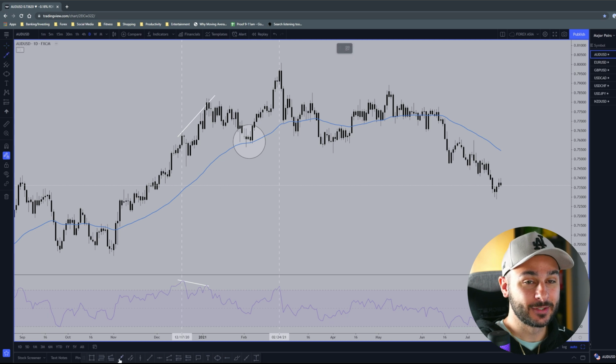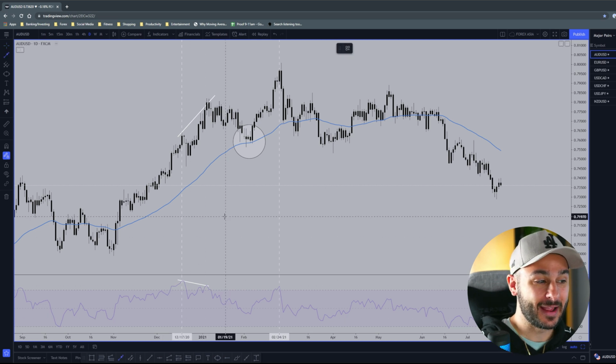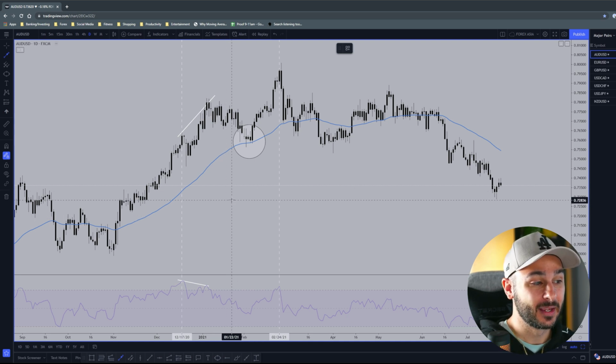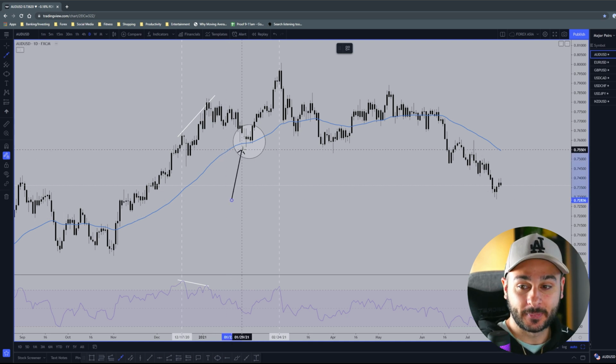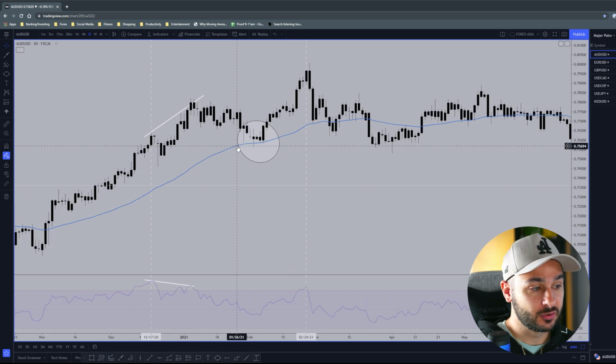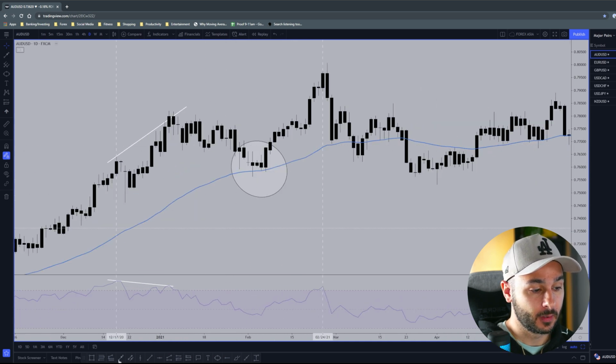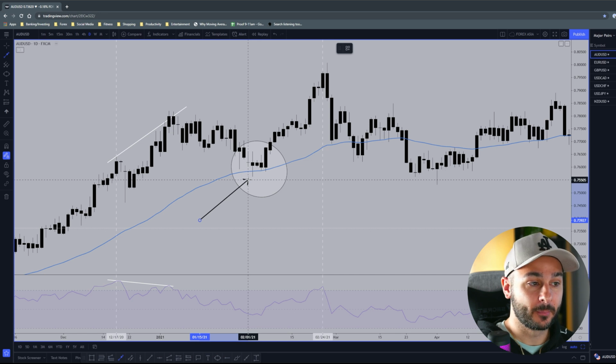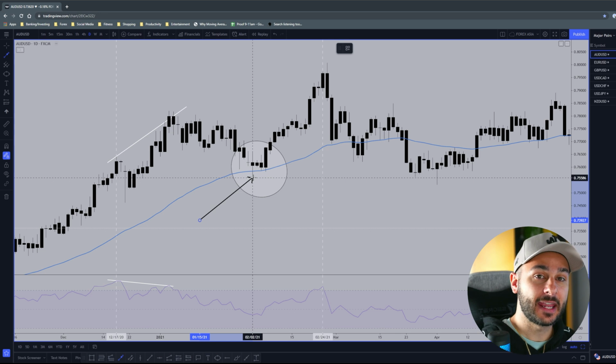Now, this is where it gets really cool and you might have some clicking points in your trading and some light bulb moments. Looking at the 50 exponential moving average, if I just zoom in over here, you can see price action never broke below the 50 exponential moving average. The 50 EMA is the bulls or bears last stand.